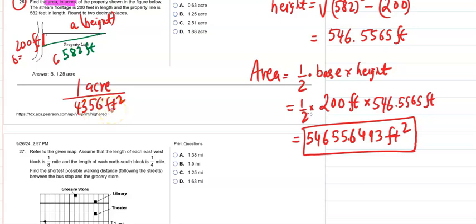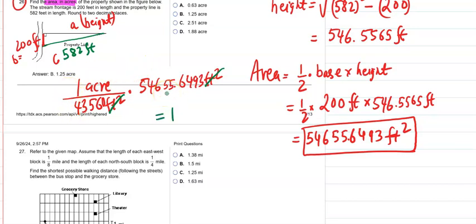You multiply by the area we found before, 54655.6493 feet square. The square feet cancel, and you multiply 1 times the top number divided by the bottom, and you get the number in acres.